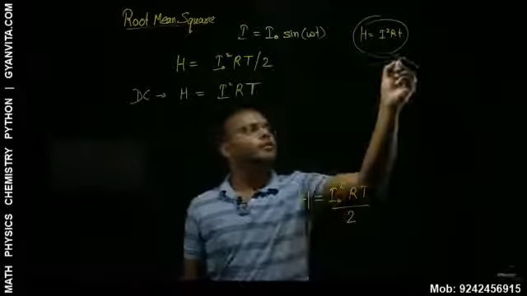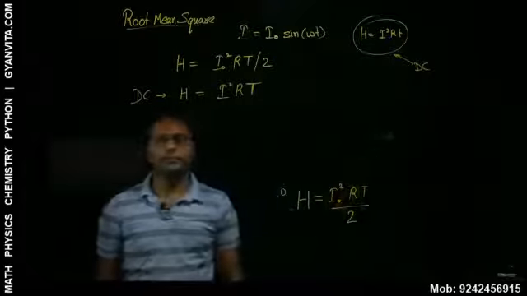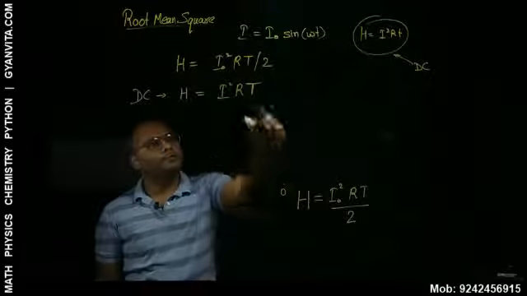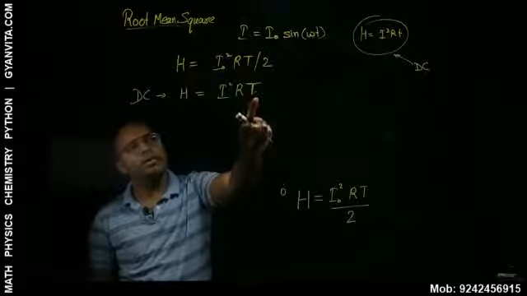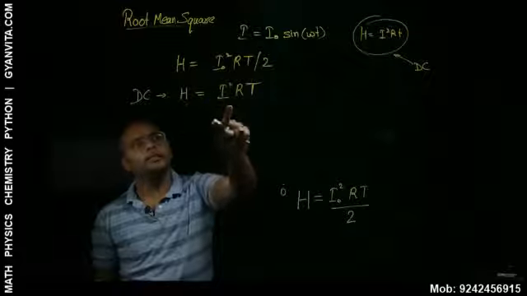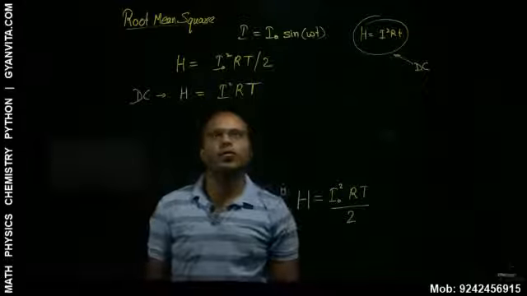This is something which we already know. So if the time period is same, then in the same amount of time, heat generated by DC is I square into RT.